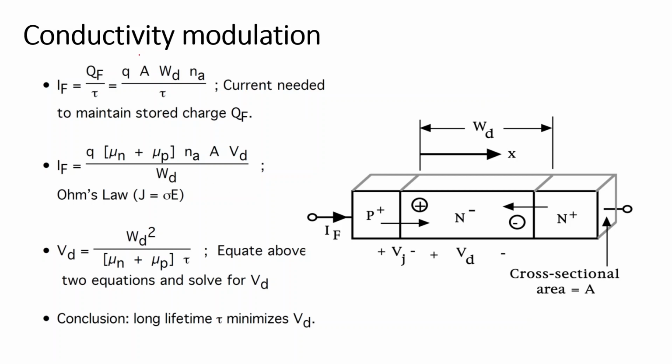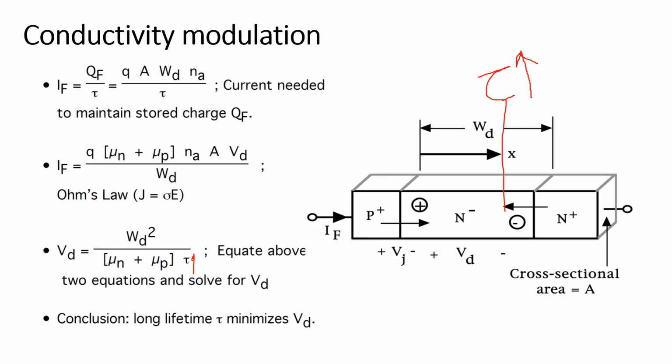Now equate these two equations which you have just obtained and do a little bit of math, and you can easily find this expression. So Vd is Wd square by (mu n plus mu p) tau. This is an important expression which says that in the drift region tau is high.